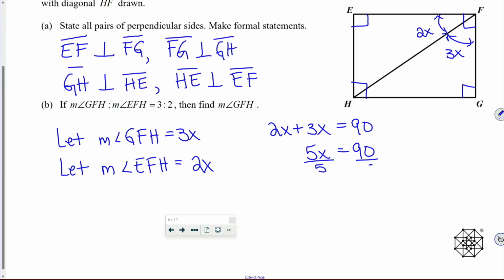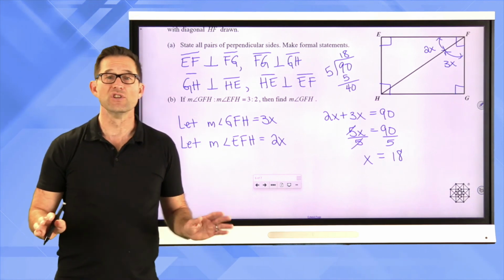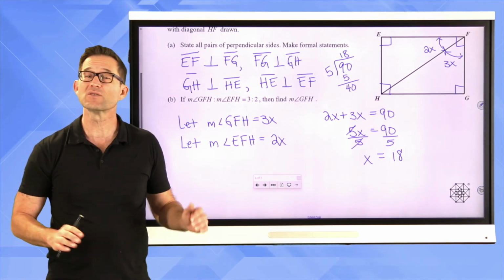Divide both sides by 5. All right, what do we get? 90 divided by 5. I want to make sure I get this right. I would hate to botch this. There we go. Yep. I just wanted to make sure. X is equal to 18. All right. Now, that is not what the measure of angle GFH is, right? That's just what x is.